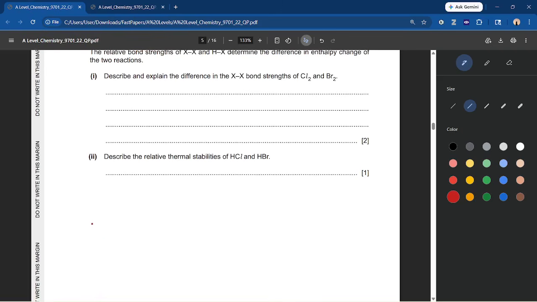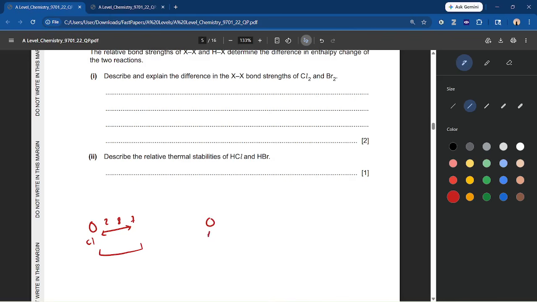So if this is the chlorine nucleus, you have 17 electrons in shells: 2, 8, and then 7. So the distance between chlorine's nucleus and the last outer shell is this.